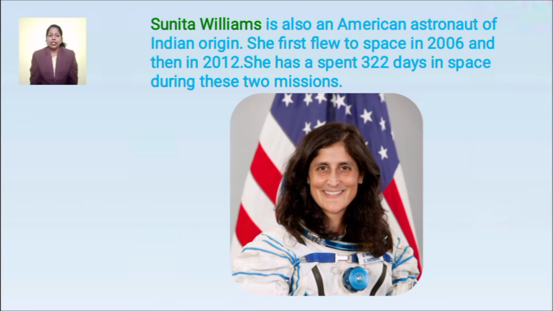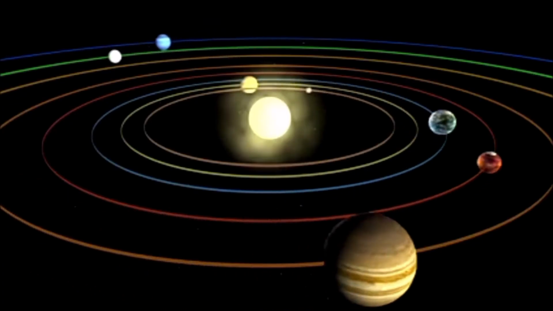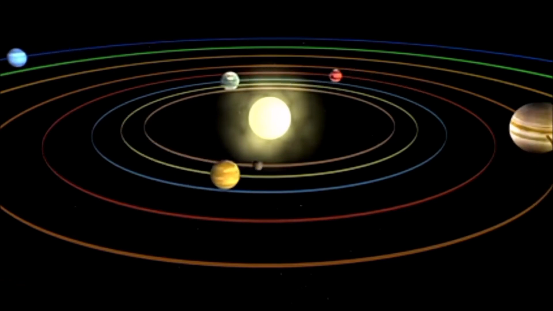So now let's move on to the next topic, and that is heavenly bodies. So, do you remember children? In the previous lesson, we have studied about the solar system. This is our solar system.